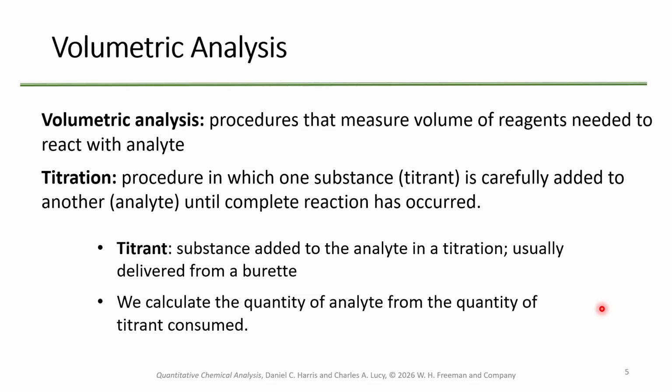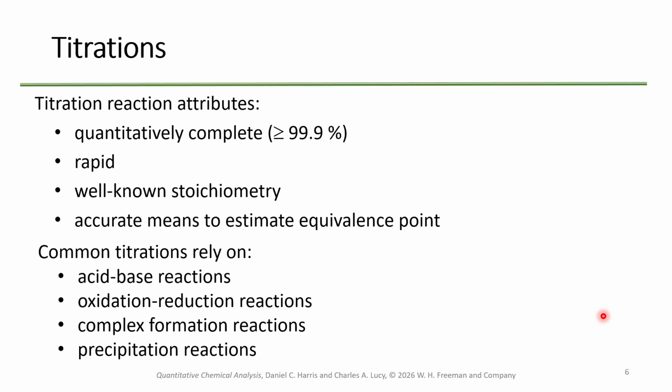We calculate the quantity of the analyte from the quantity of the titrant consumed. Some of the titration reaction attributes: quantitatively complete, i.e. you're typically going to get 99.9% or better amounts. You may notice that the gravimetric analysis that we were doing was probably not going to be complete, right?